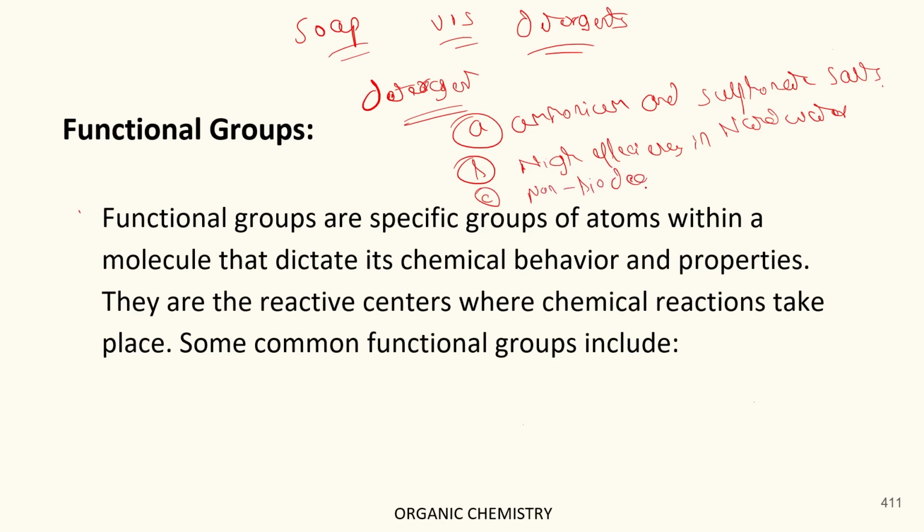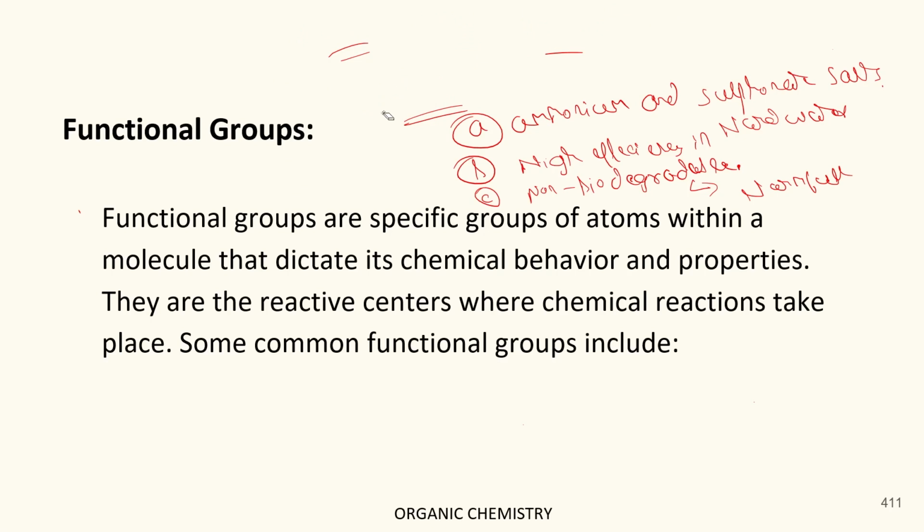Thereafter, number three, non-biodegradable. Got it? So basically you can say detergents are basically the salt of ammonium and sulfonate. Second, they have high efficiency, meaning they are able to make more bubbles even in hard water. And the third point is that they are non-biodegradable, so they are harmful for nature. Okay, so here we have finished the soap and the detergent also.